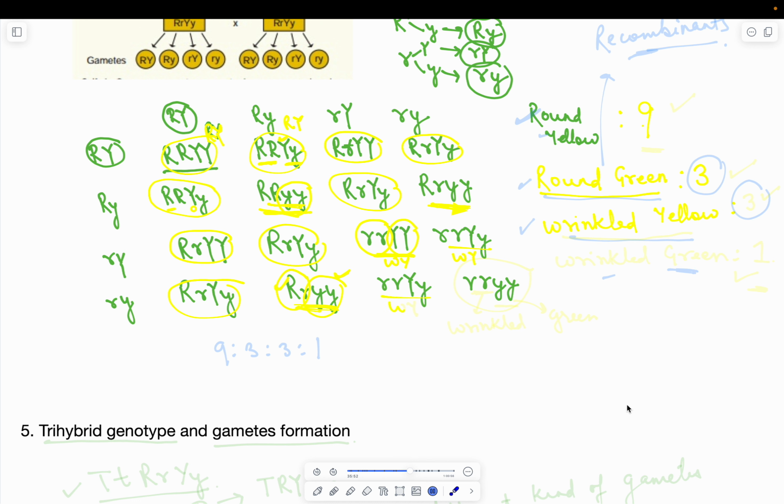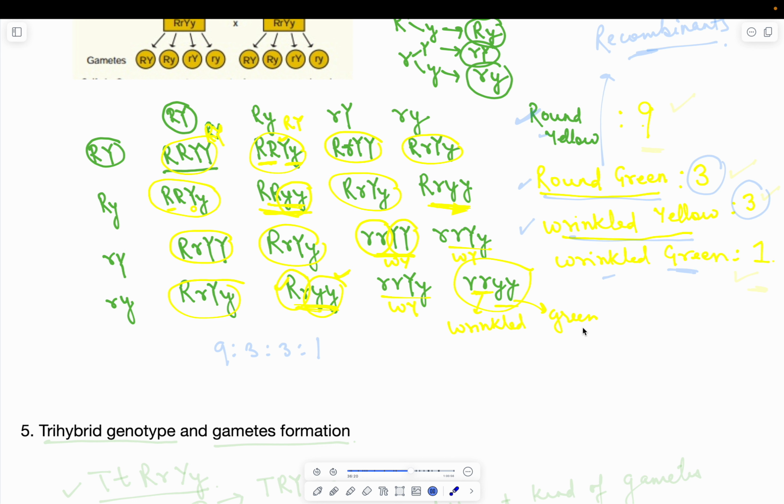This is again wrinkled yellow. So there are 3 individuals which will have this type of phenotype. Fine. So what about the last one? This is wrinkled again, and this will be green. So wrinkled green, there will be only 1.